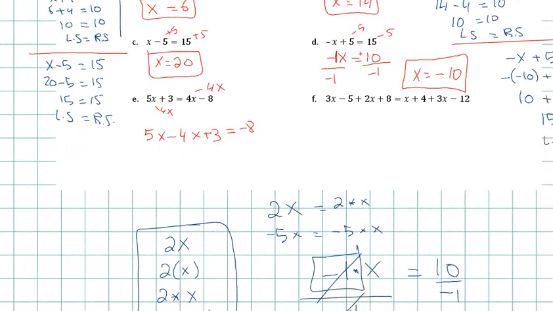So that's gonna be 5x take away 4x equals -8 minus 3. What's 5x take away 4x? Equals -11. I'm done.